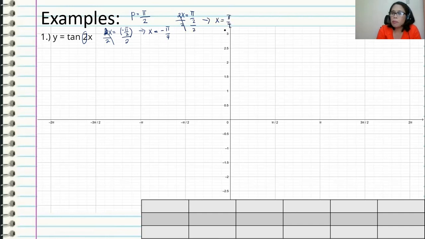So one period interval for y equals tangent 2x is from negative pi over 4 to pi over 4. Take note, class, that the length of this interval is equivalent to the period, which is equal to pi over 2.